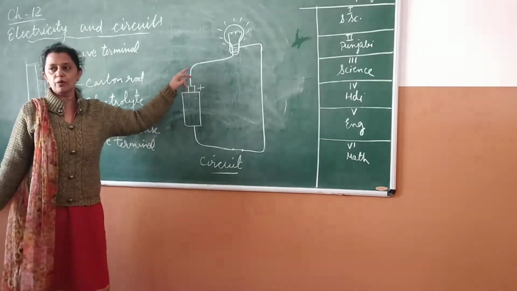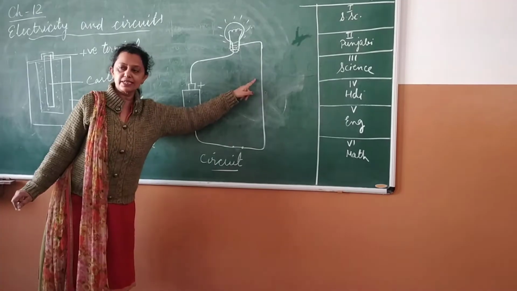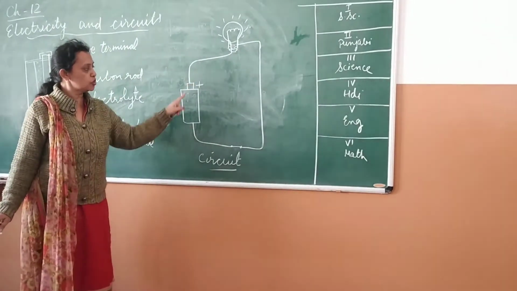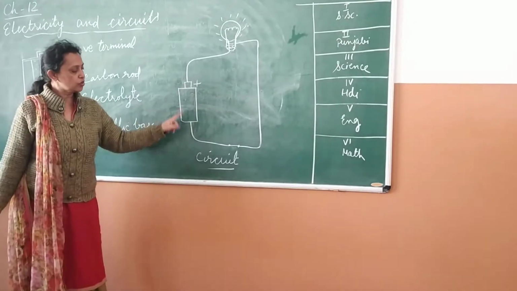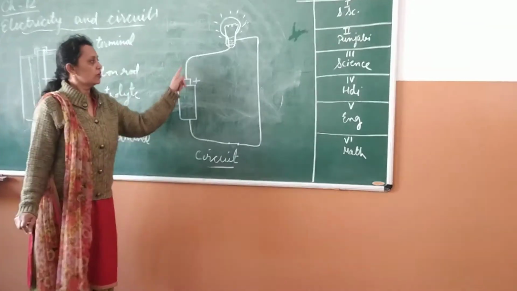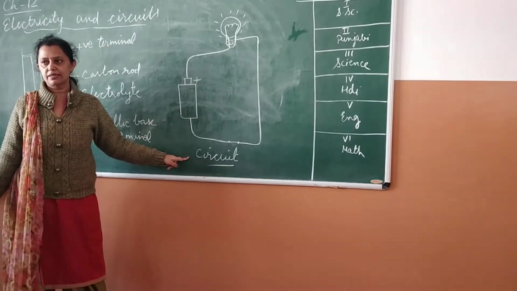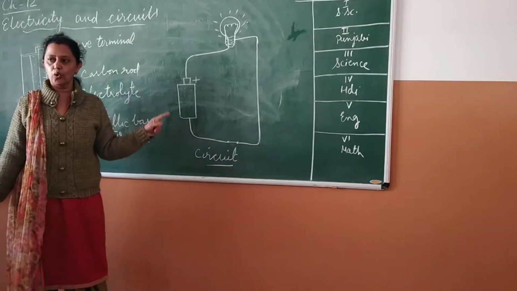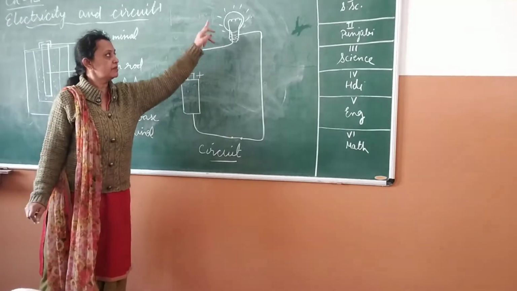So it is the complete path in which electricity passes between two terminals of the cell. सेल के दो टर्मिनल्स में इलेक्ट्रिसिटी पास होती है और पाथ को we call it circuit. Two types of circuit, closed and open. Now this is a closed circuit, the bulb is glowing.